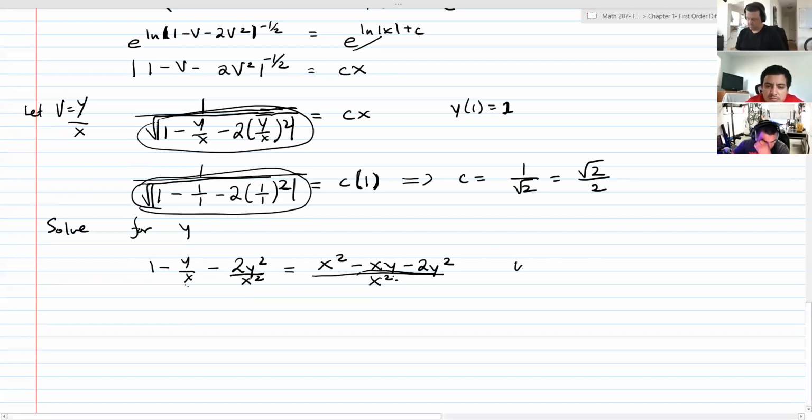And so this is under the root. I'm just doing this one step at a time, under the root and in the denominator. That's where that's located.